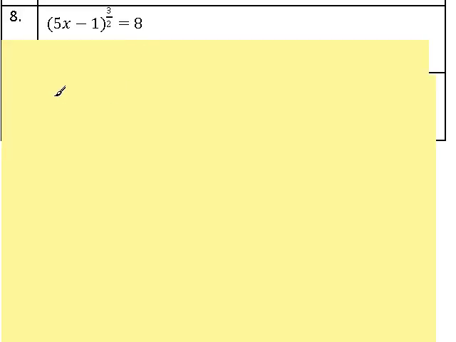And number 8, again, raise both sides to the reciprocal. So that would be 2/3. And 8 to the 2/3. We don't do plus minus because the exponent that we're raising both sides to doesn't have 2 in the denominator.